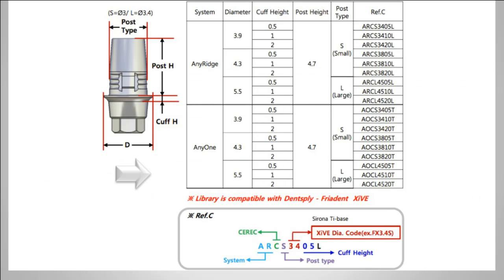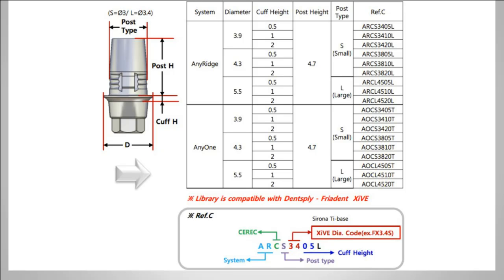What you see here is a picture of a tie base. This tie base is manufactured either by Sirona or by the implant company themselves. This tie base acts as an interface between the material that is milled by the CEREC system and has specific connections that allow us to restore most of the major implant systems that are available on the market.